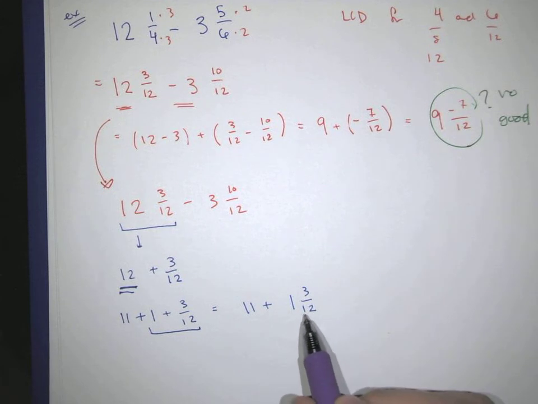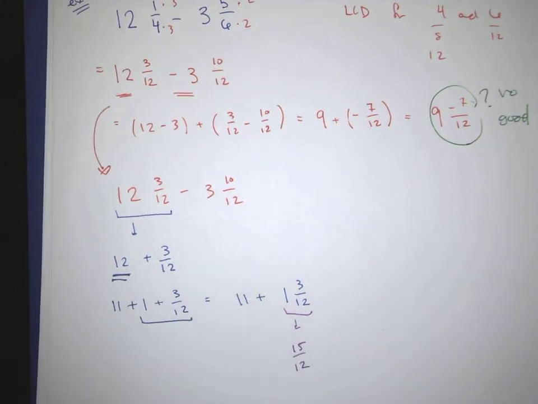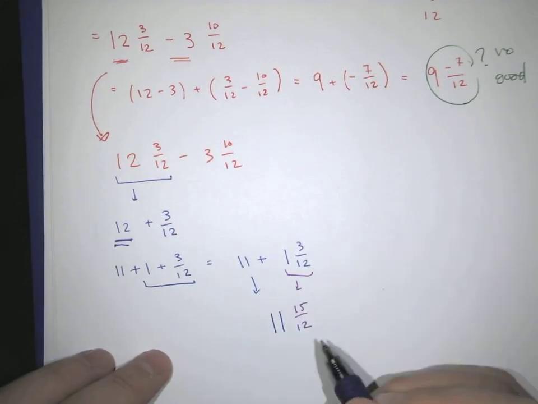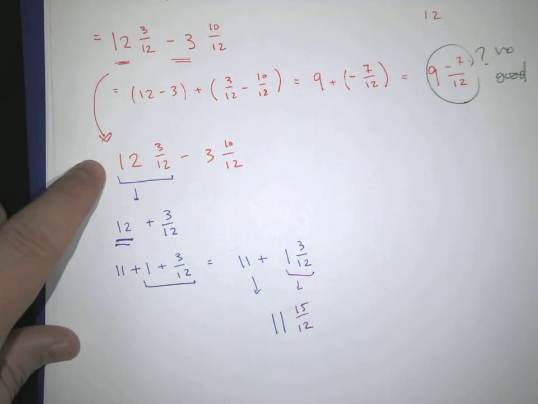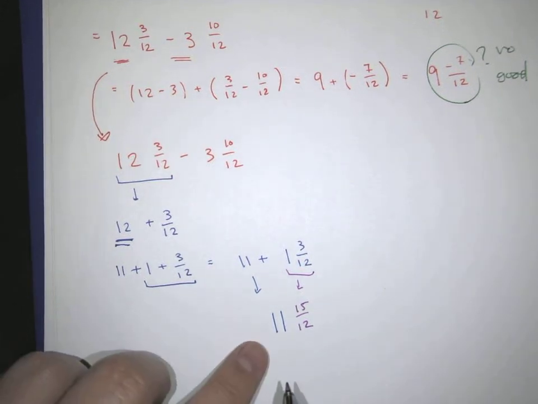Then 12 times 1 is 12, plus 3 is going to be 15 over 12. And then I carry my 11 down. So instead of 12 and 3/12, I can write it in the extremely awkward notation 11 and 15/12.